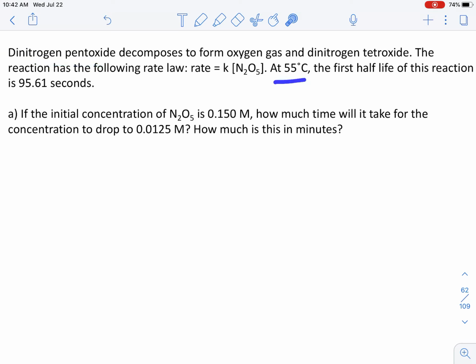At 55 degrees Celsius, the first half-life of this reaction is 95.61 seconds. And so if the initial concentration of dinitrogen pentoxide is 0.150 molar, how much time will it take for the concentration to drop to 0.0125 molar? And how much is this in minutes?